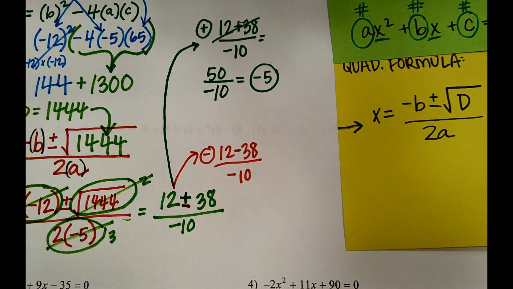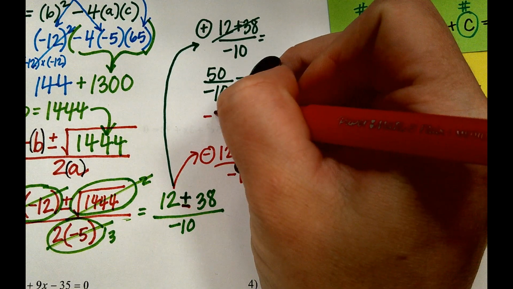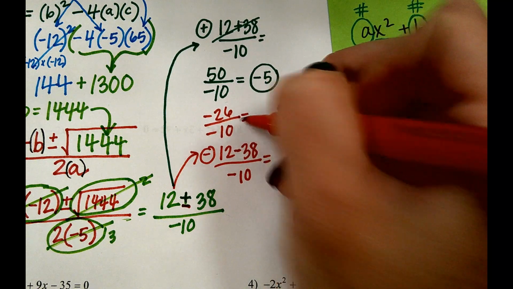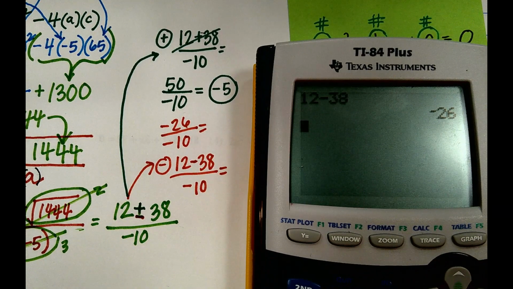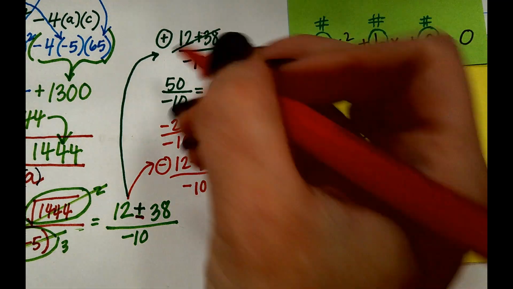Then you should get negative 26 over negative 10. 2.6. Positive or negative? Positive. Just divide by negative 10, and we do get a positive 2.6. Good.